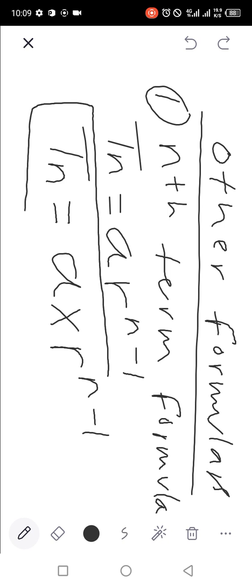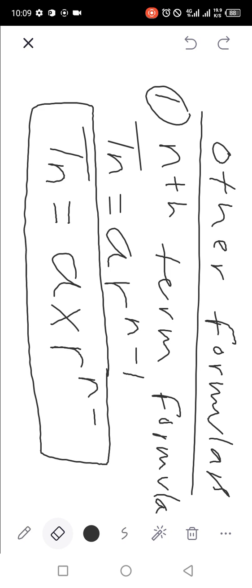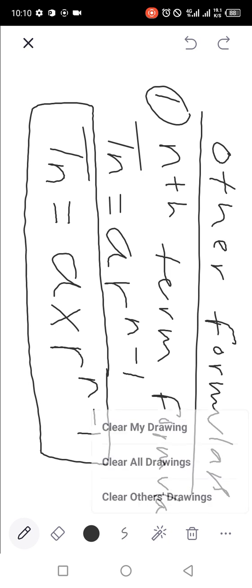But even the first one is okay. So that is 1 to the power negative 1. That's the formula for the nth term formula. Okay, I hope you've copied that. Let's move on to another one.